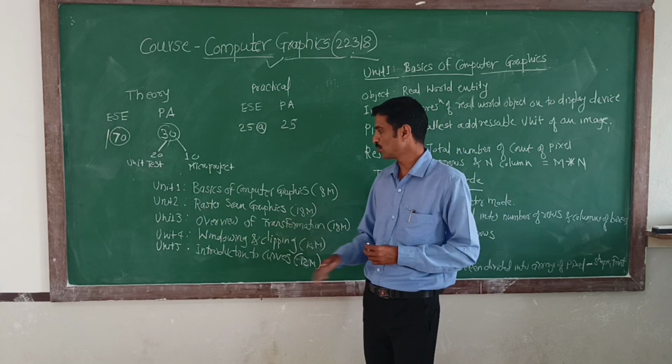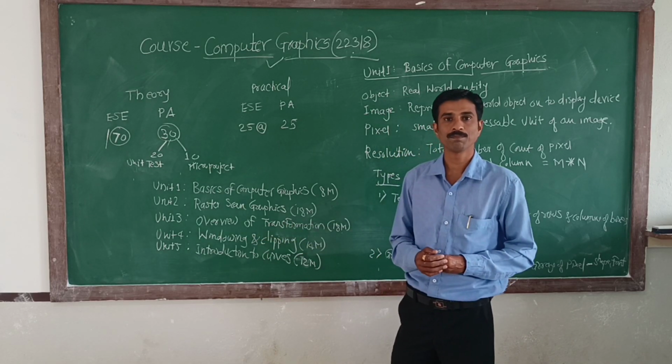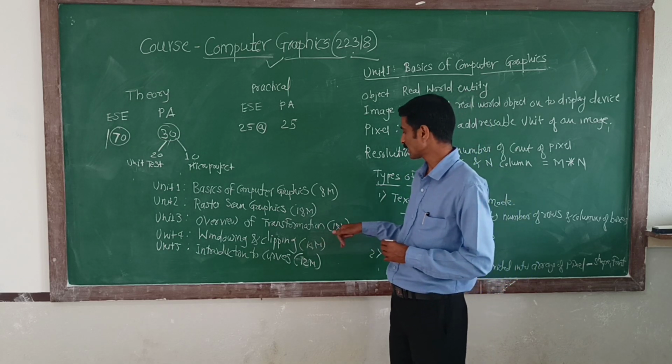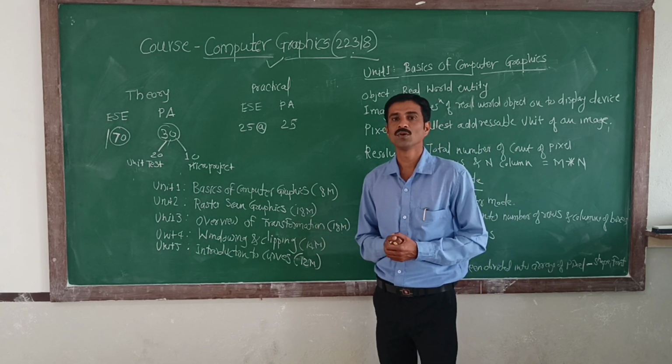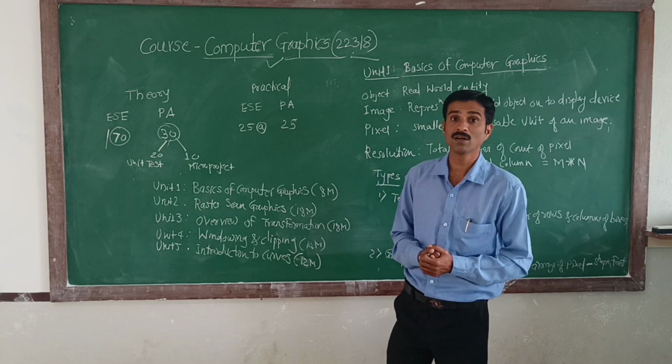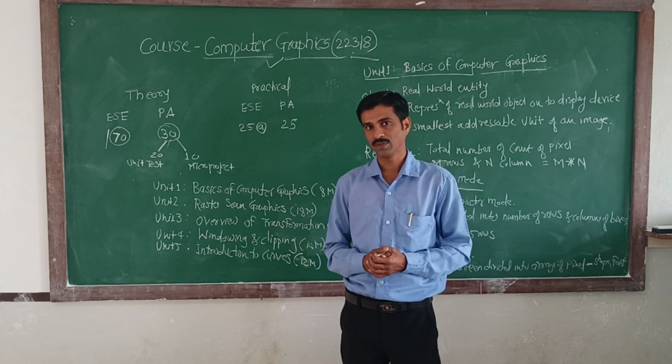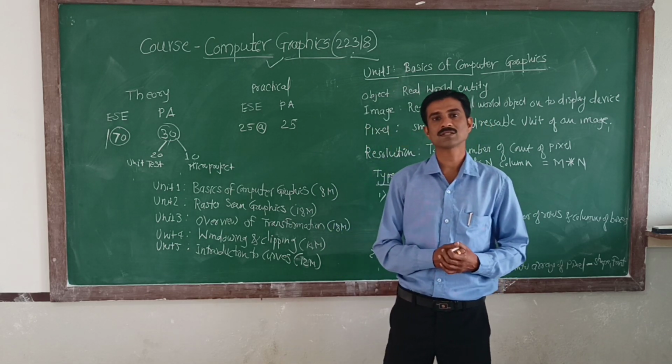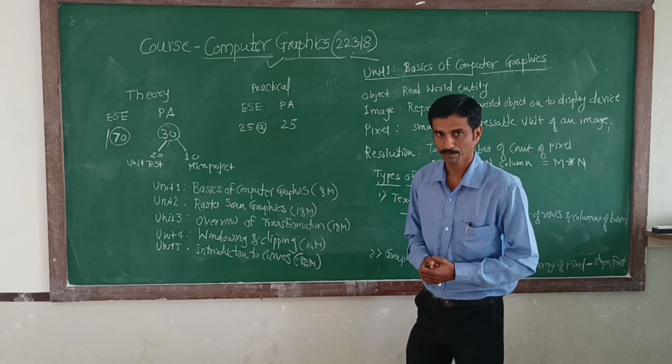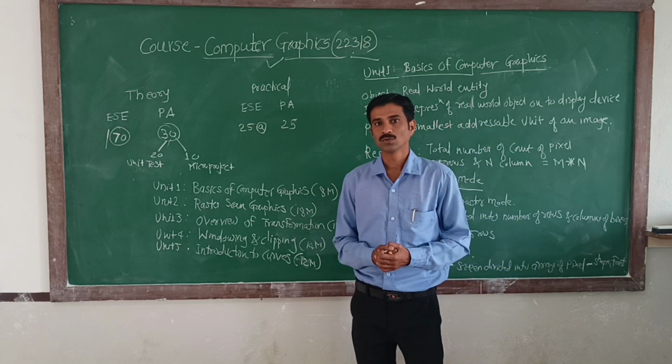Then next is unit 3, overview of transformation. So this will be asked for 18 marks. In this unit we will see the different transformation techniques, that is translation, scaling, rotation, shearing.